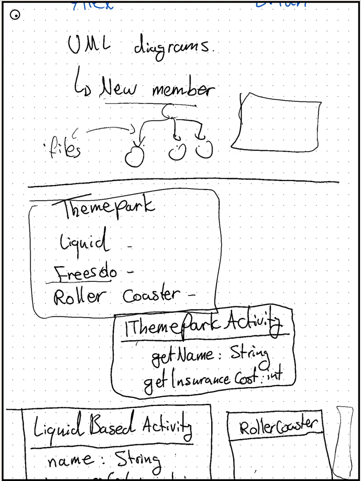What we need to do is draw these arrows here, here, and to any other class that implements it. And this indicates that liquid-based activity implements theme park activity. Does that make sense? Yes, it does.